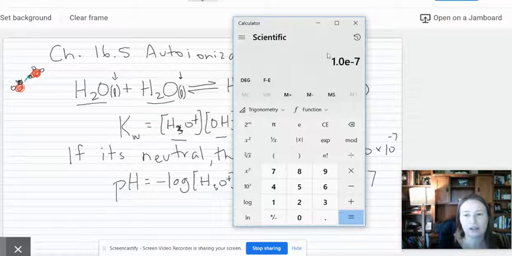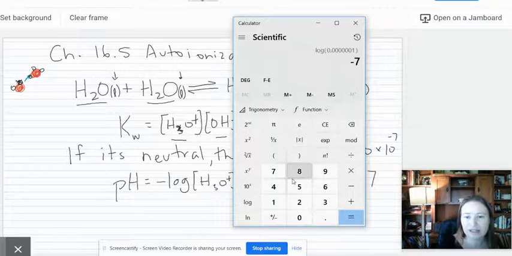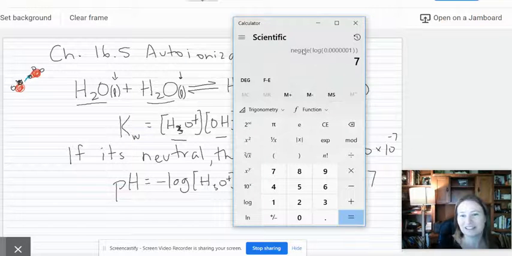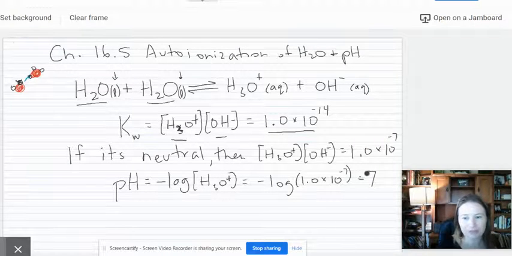If you have a graphing calculator, you put negative log, parentheses, enter the number, parentheses, hit enter. The log of that is negative 7, and it's the negative log, so my answer is positive 7. And that's where the pH of neutral water comes from. That's why it's 7.